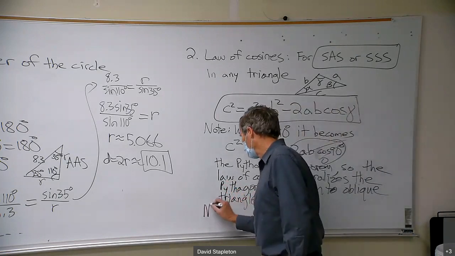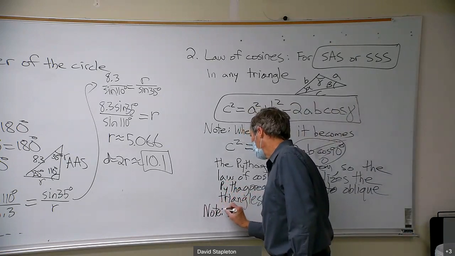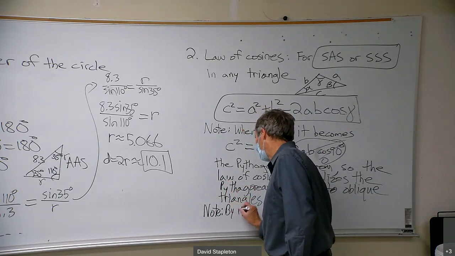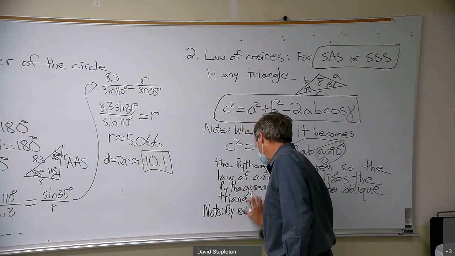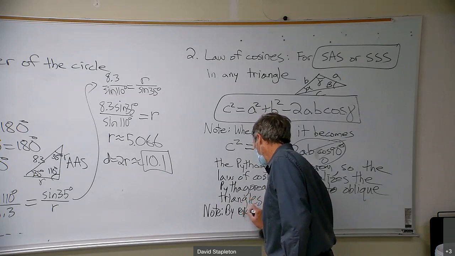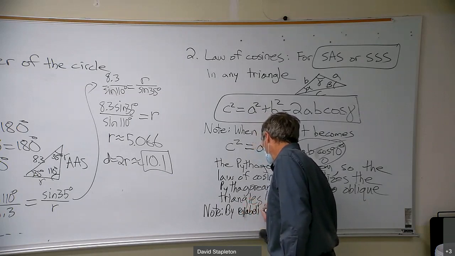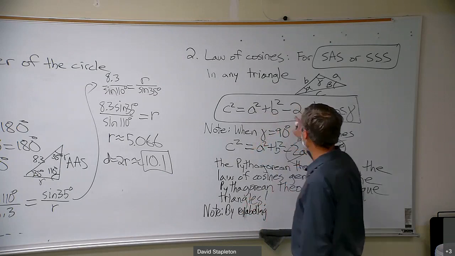There's another note. If you do the same thing you did with the law of sines, you can simply relabel the angles and sides, and then you come up with completely equivalent formulas.